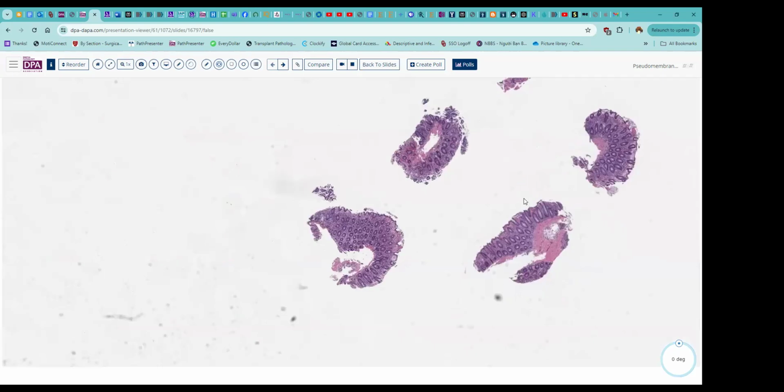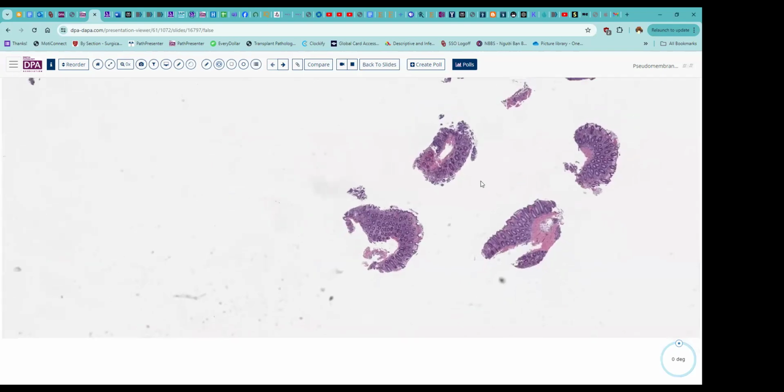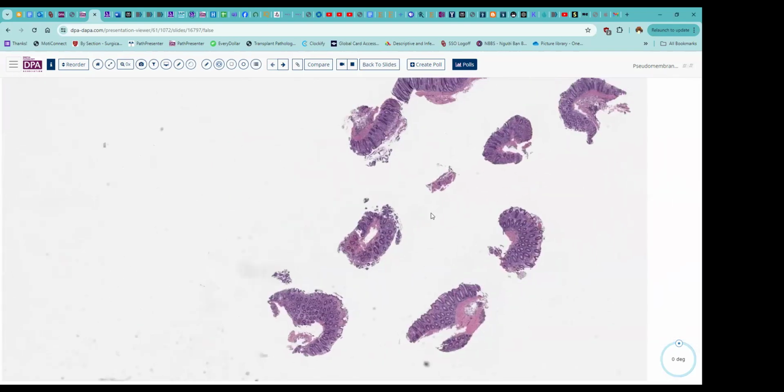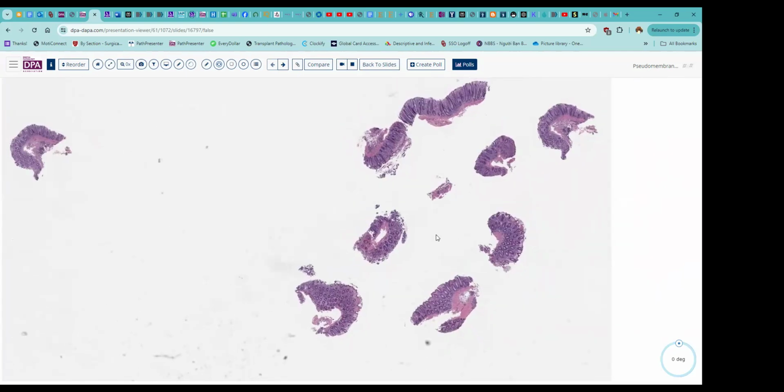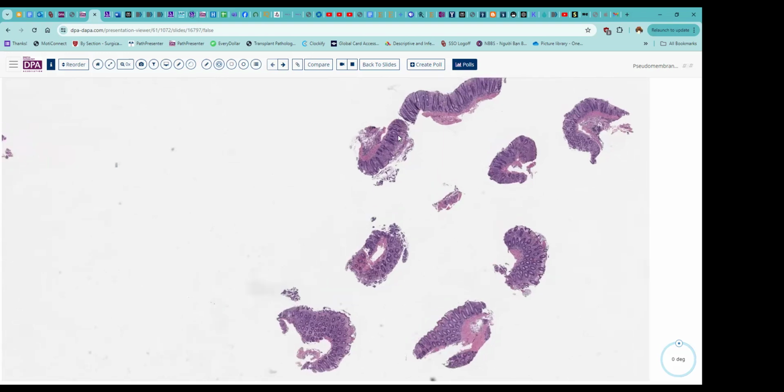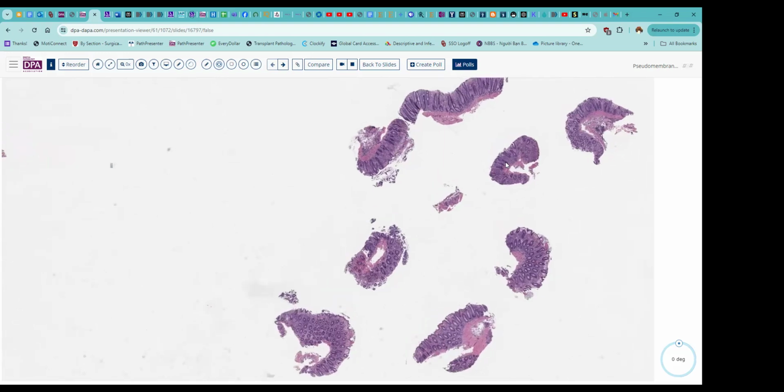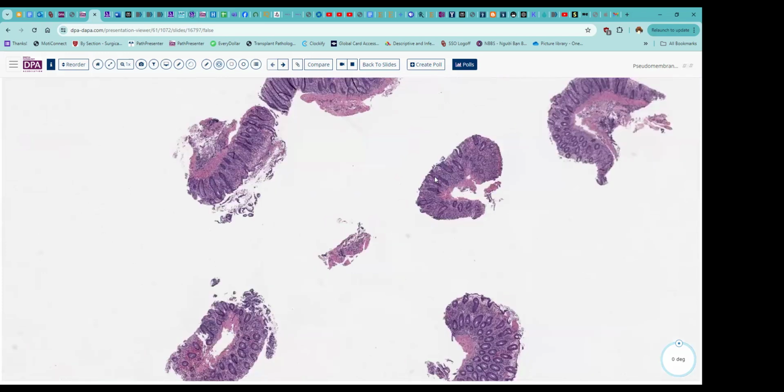There we go. Okay. So low power magnification, looking at this set of colonic biopsies, there are a couple of things that I notice. First off, it looks a little bit blue. And so this is a blue biopsy. Now, that's of course governed usually by the proportion of inflammatory cells in the lamina propria.